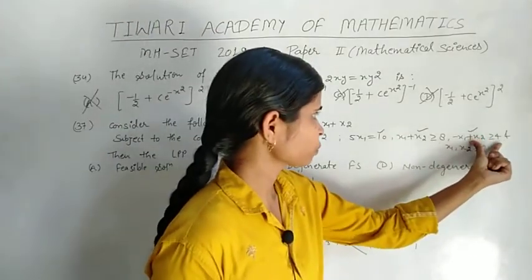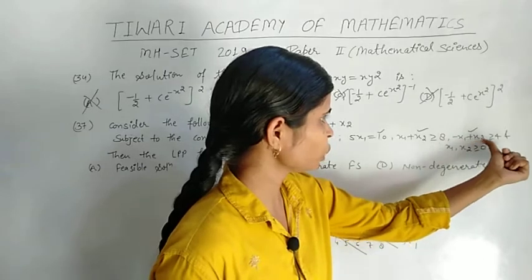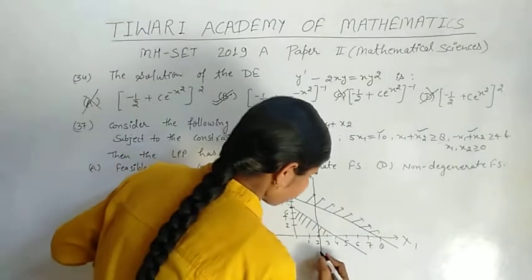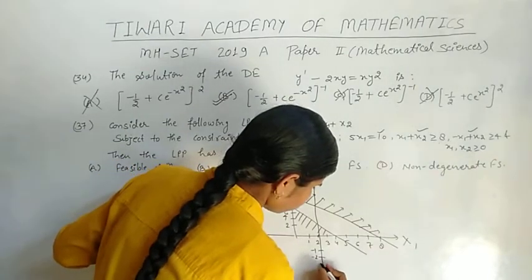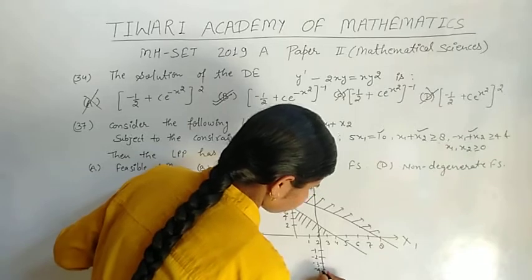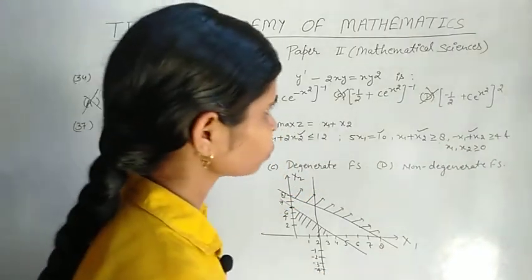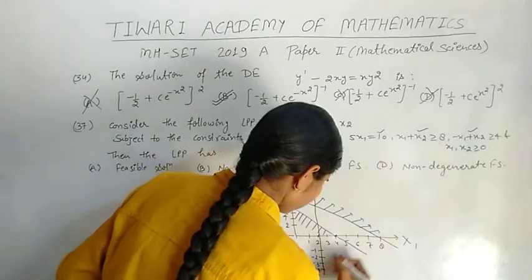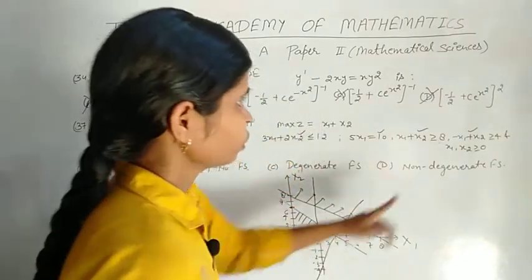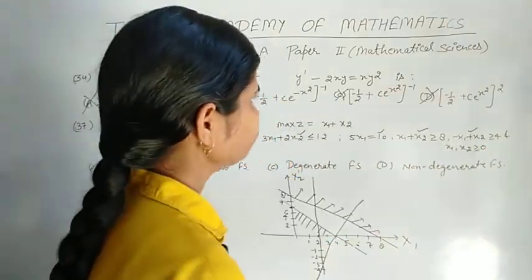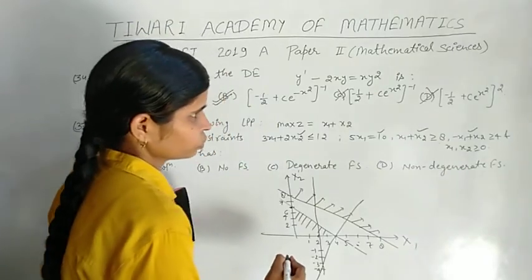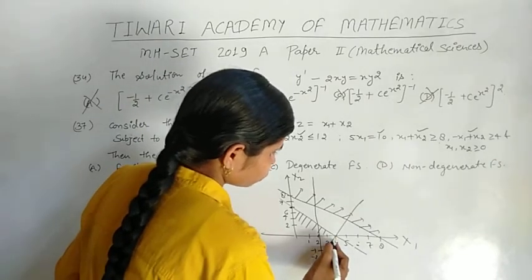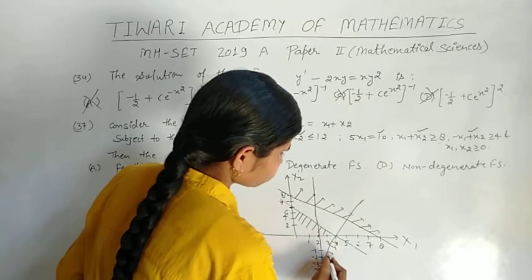Finally, this equation: x1 is equals to 0, x2 is equals to 4 and x2 is equals to 0, x1 is equals to negative 4. Minus 1, minus 2, minus 3, minus 4. This is our line. Greater than equals to means this is not nearer the origin, this is outside the origin.